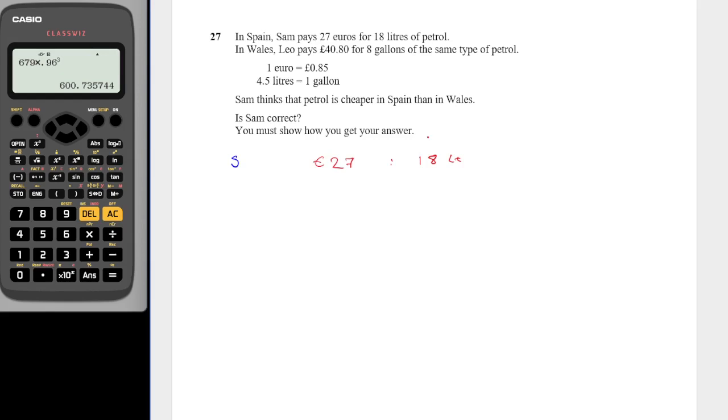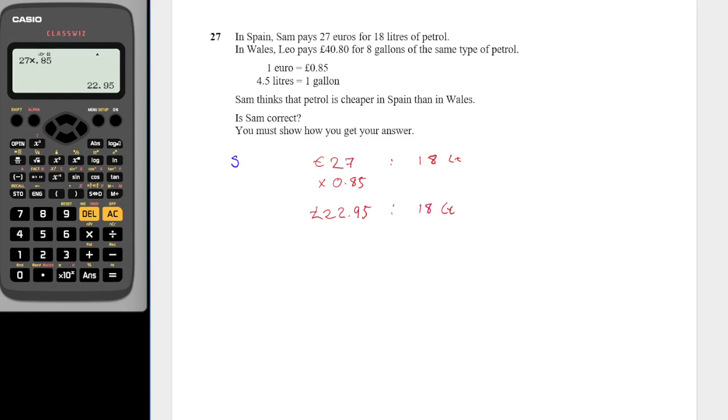If €1 is worth 0.85 pounds, then 27 times 0.85 is going to cost me £22.95 for 18 litres.